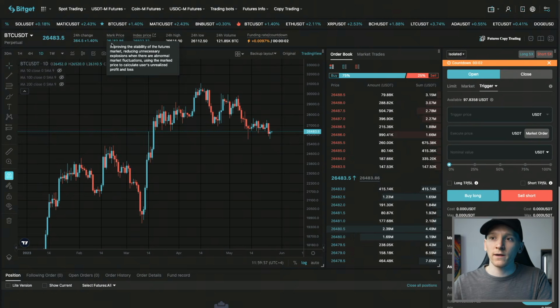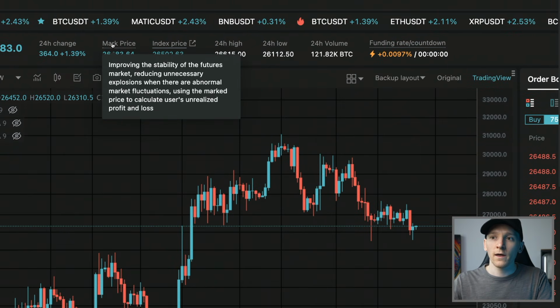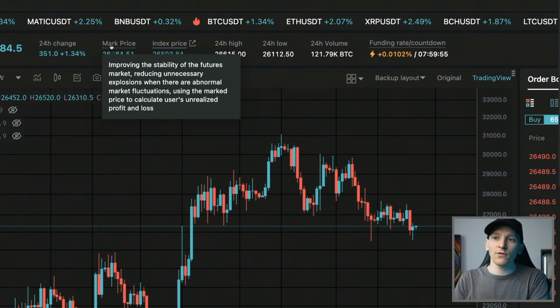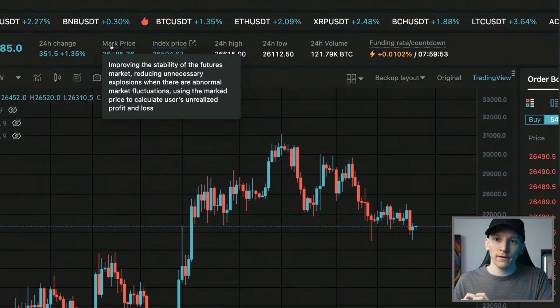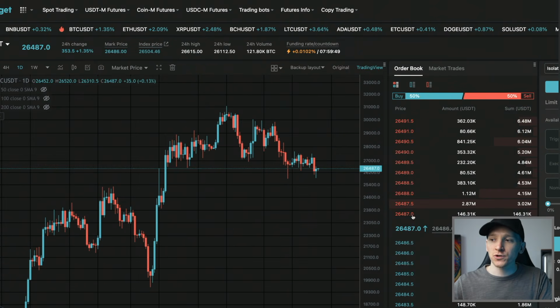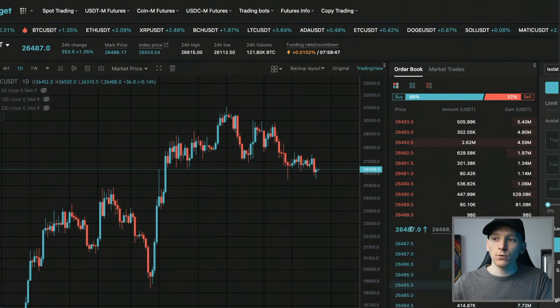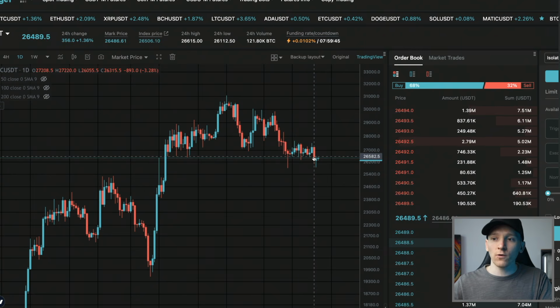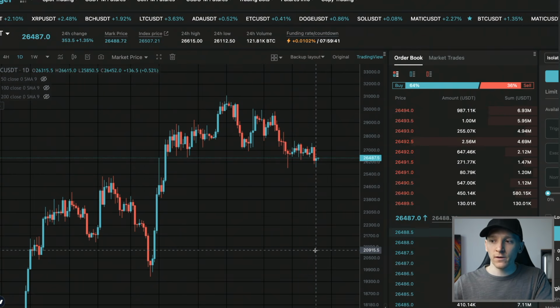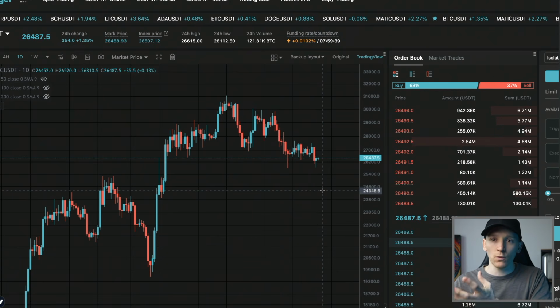What we also have here is the mark price and the index price. Important because the mark price usually is the actual contract price on the system, and this can be different from the price traded in the market. Why that's important is because sometimes you get very volatile moves where the price of something will move in a certain direction and then back up again or whatever.